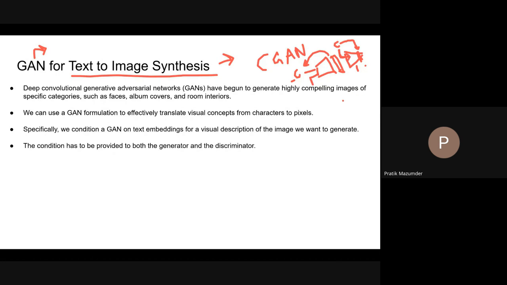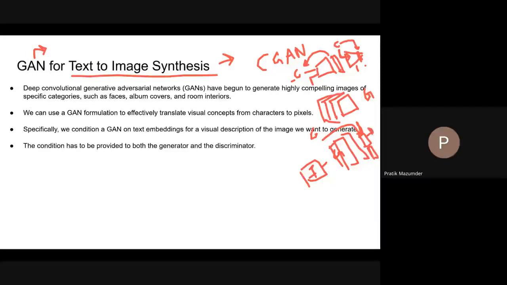In that case, because it's an image that you generally feed to a discriminator, you'll have to add another channel, or maybe 2-3 channels, to represent your text embedding. So it's a better way that you give your image only to your discriminator first, and after a few layers, when the feature sizes become small enough, then you incorporate that condition in your discriminator. Okay, concat that condition, and then you do some further processing.